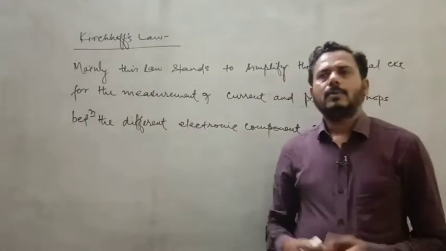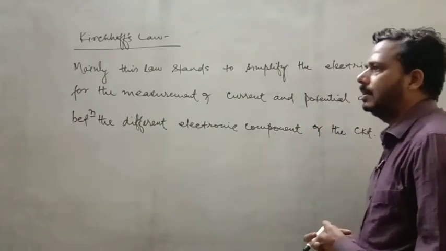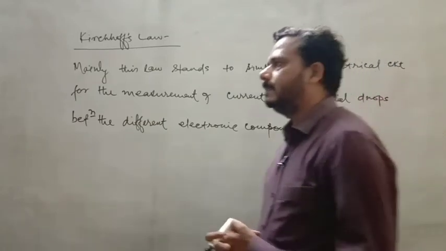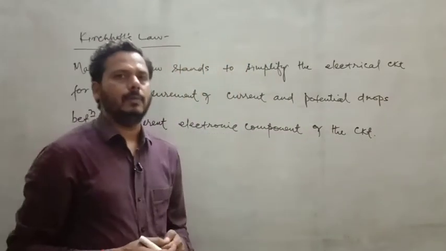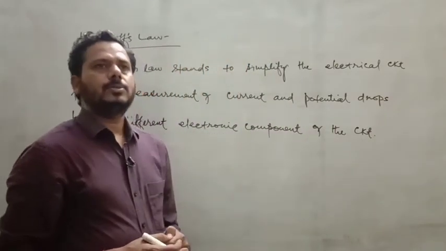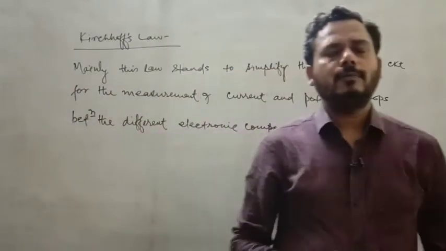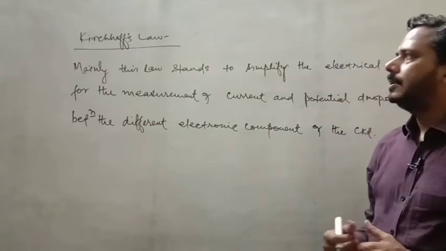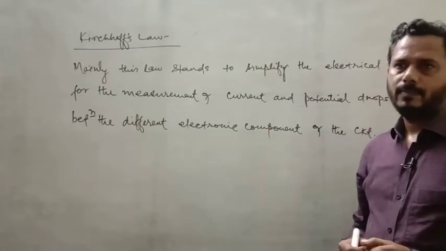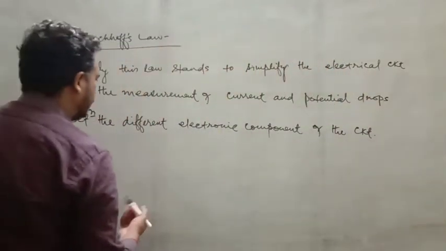we have complex circuits, because a simple circuit is very simple, but a simple circuit is not used in any device. Every device is made up of a complex circuit diagram. That's why we need Kirchhoff's law. How can you say that a circuit is simple?